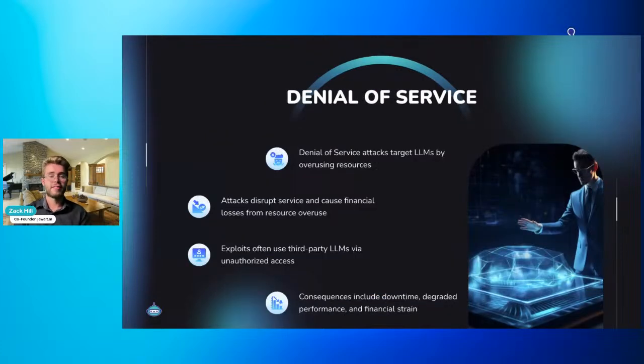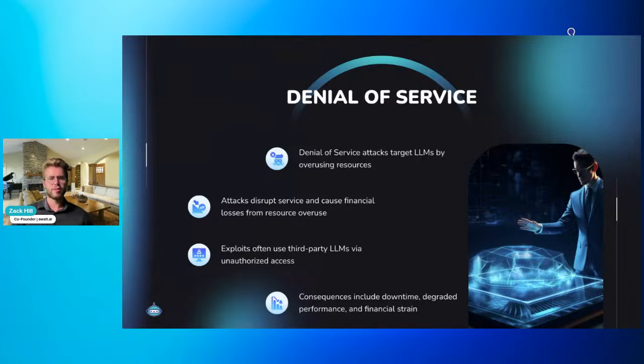So denial of service attacks are a significant security concern for LLMs. These attacks involve excessively engaging LLM services and consuming vast amounts of resources. This overuse disrupts service for legitimate users and can lead to significant financial losses due to the inflated use of computational resources.